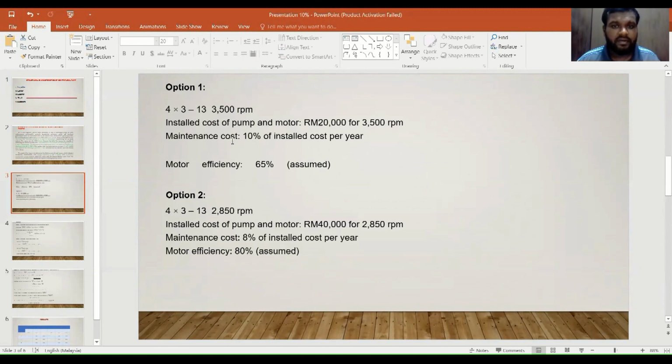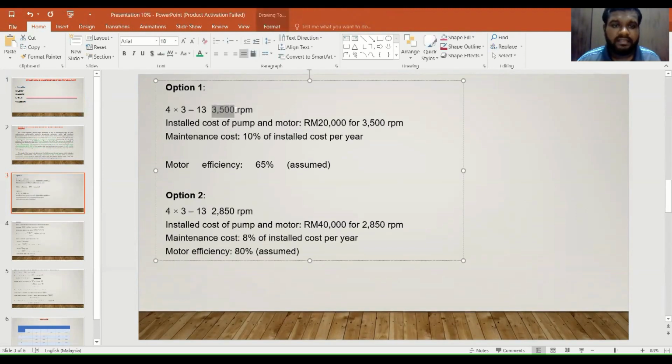Okay, this is our calculation. This is option 1 and option 2. Option 1 we use 3,500 RPM, and option 2 we use 2,850 RPM. So we calculate with the diameter of suction and discharge.